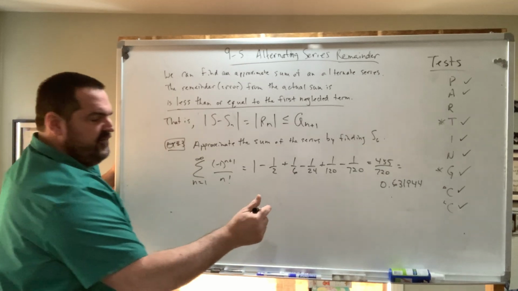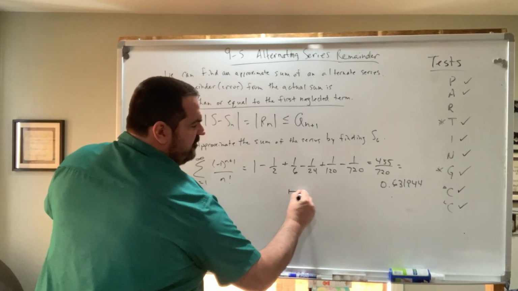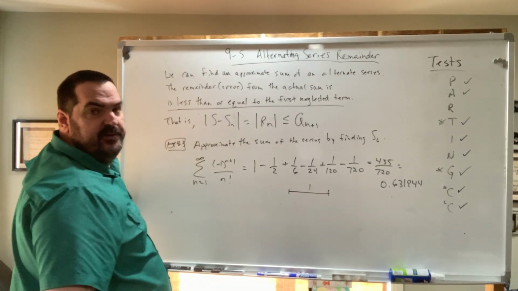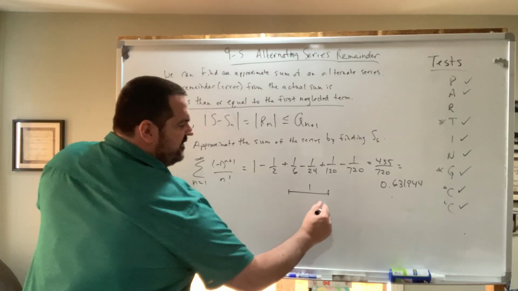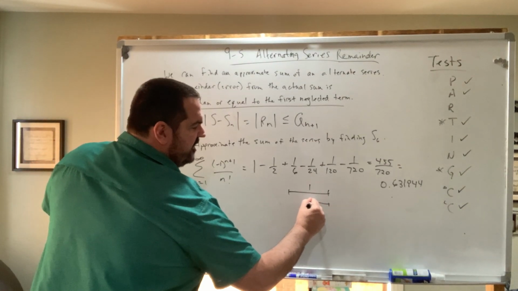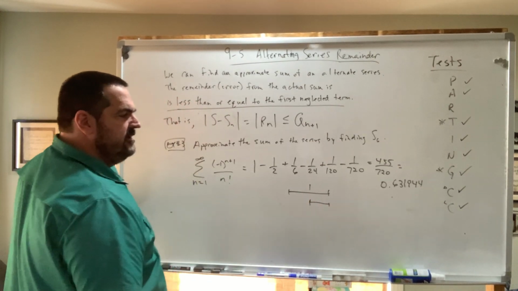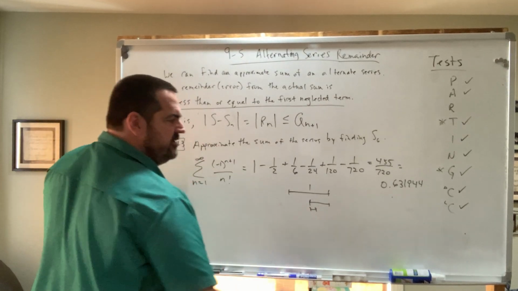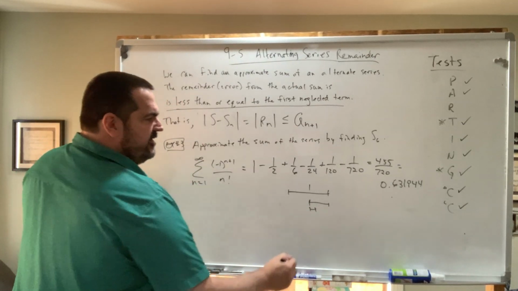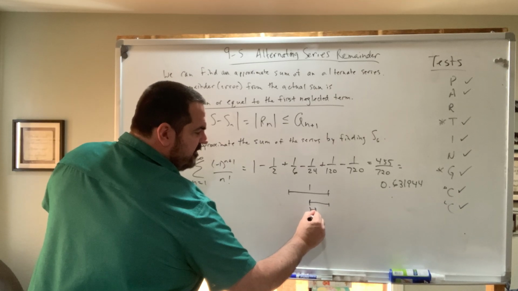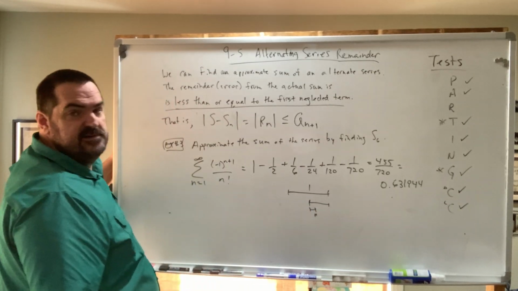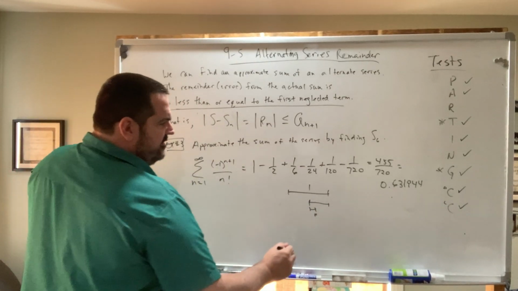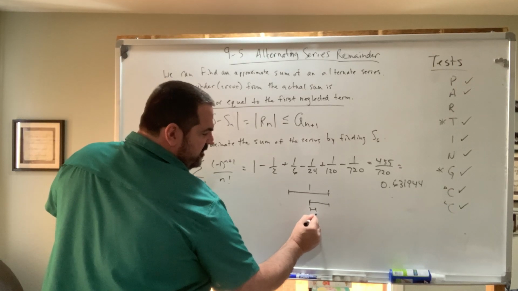So let's think about what this means. You start off with adding 1. So we'll call that distance 1. Then you take away a half. So then you go back to here, halfway. But then you add a 1/6, so you're going to add a little bit more. Then you're going to take away 1/24. And then you're going to add 1/120, so it's a tiny bit.